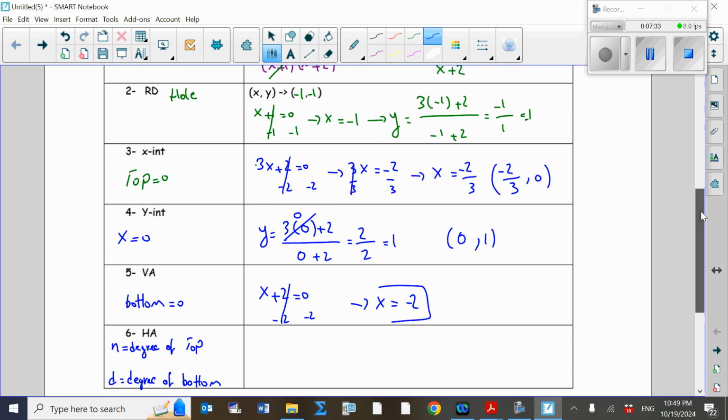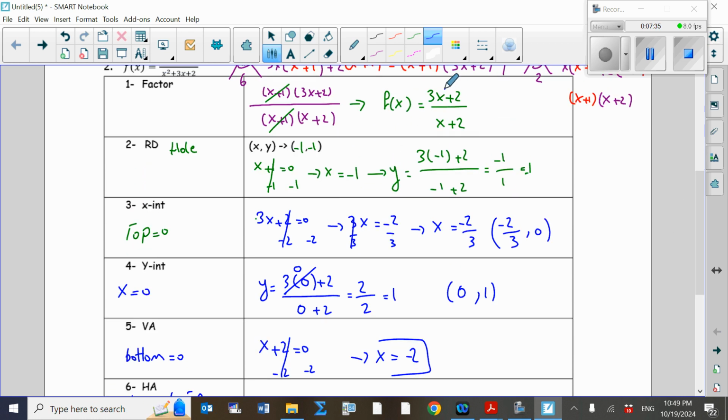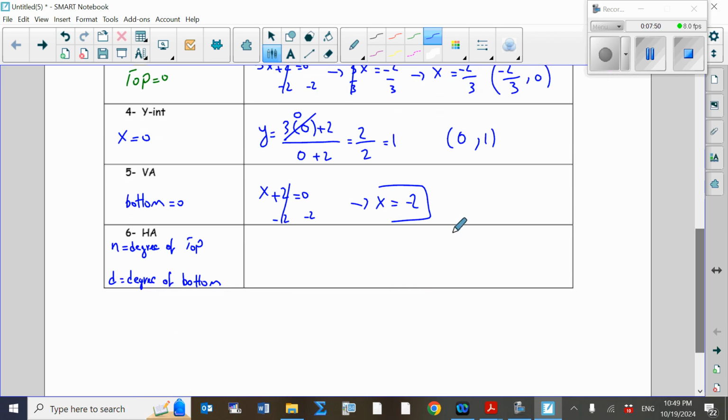The term with the highest power, that's this one, so the power of that is 1. The degree of the bottom is also 1, the term with the highest power, because a constant term has a power of 0, so that's not the highest one. So it's just 1 over 1. N is 1 and V is 1. They are equal to each other.